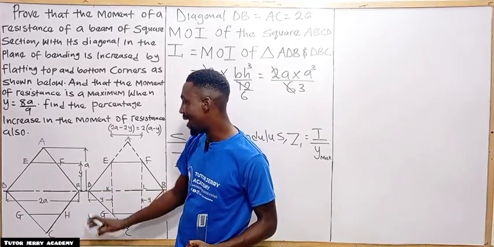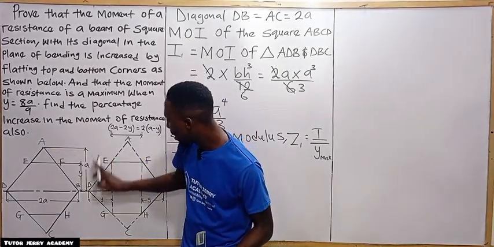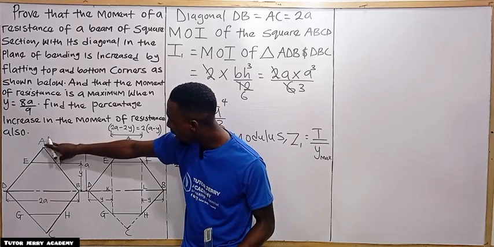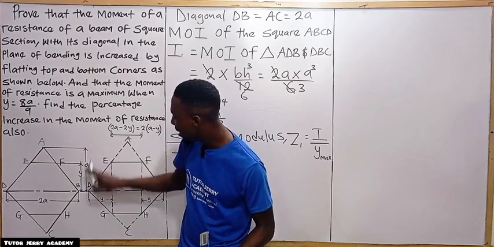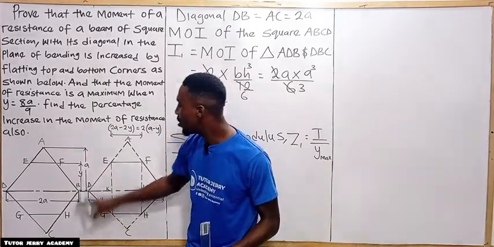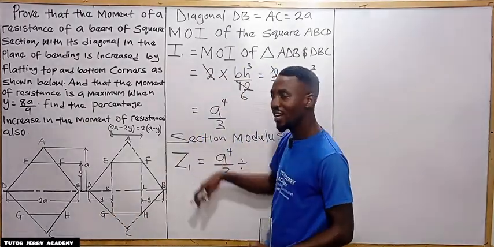Now, y max is the depth divided by 2. The depth of this whole square is from the neutral axis to A, which is A, and from the neutral axis to C, which is also A. So the total depth is 2A, and y max is 2A divided by 2.